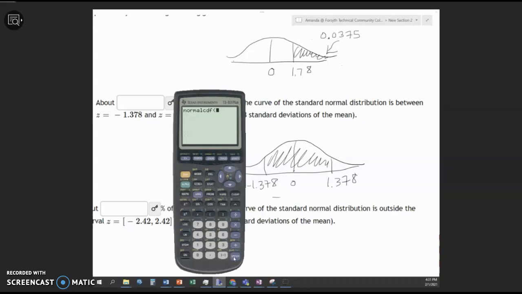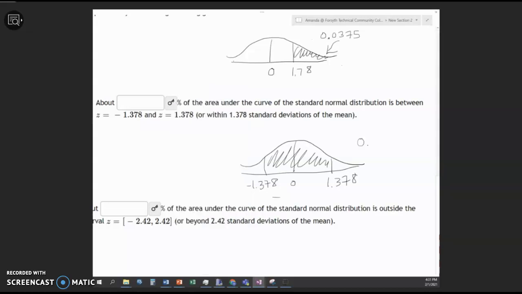My endpoints here will be negative 1.378, comma, and my upper endpoint is 1.378. That will give me my area in between. So I end up with 0.83179. I'll round that up to 0.8318. 0.8318 is the area in that shaded region.